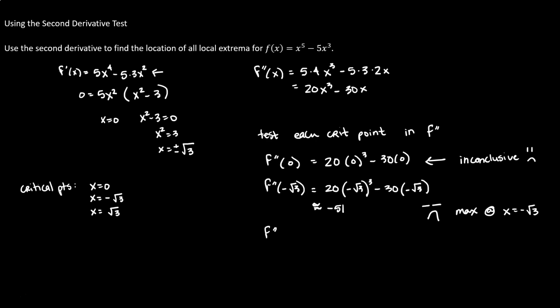And then we'll test our second derivative at positive root 3. So we'll get 20 times square root 3 cubed minus 30 times square root 3. Type that into our calculators. And we get positive 51 approximately, which means our second derivative is positive. We're looking at a minimum.